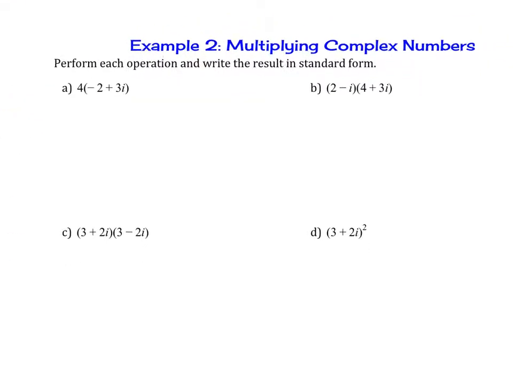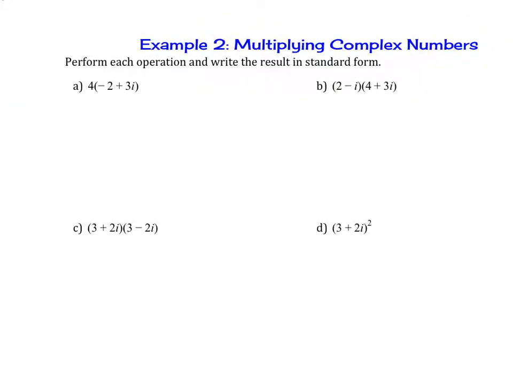So let's do multiplying complex numbers. It's very similar. And so we'll multiply. We get 4 times -2 is -8, and then 4 times 3 is a positive 12i. Then the next thing we could do is FOIL. 4 times 2 is 8, plus 6i minus 4i minus 3i squared.